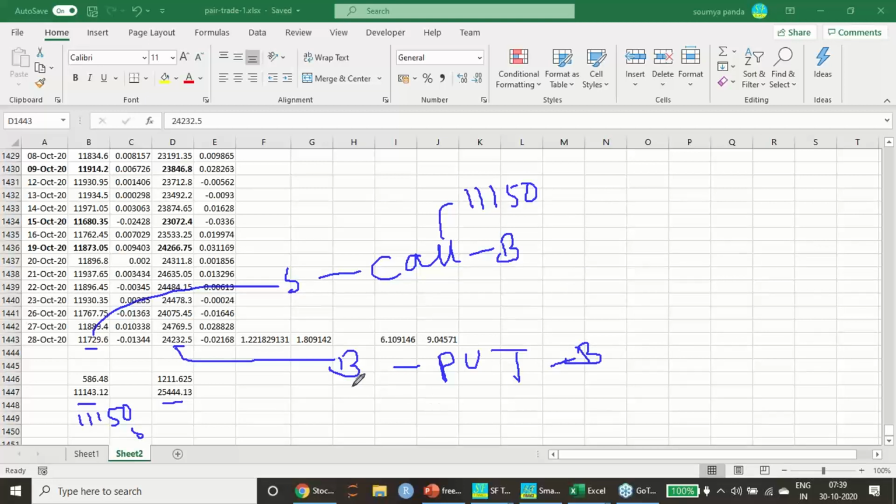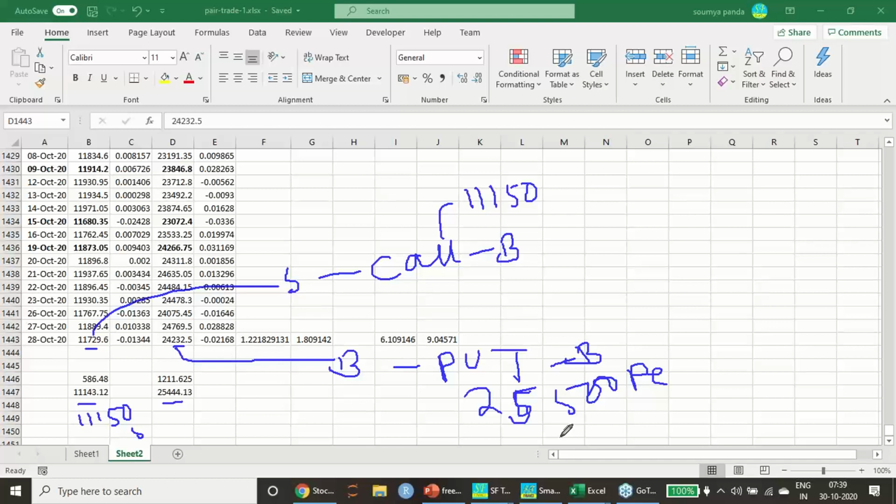I'll be buying the Bank Nifty along with the 25,500 put option. So this is the simplest trade I can take to benefit from this November election related volatility.